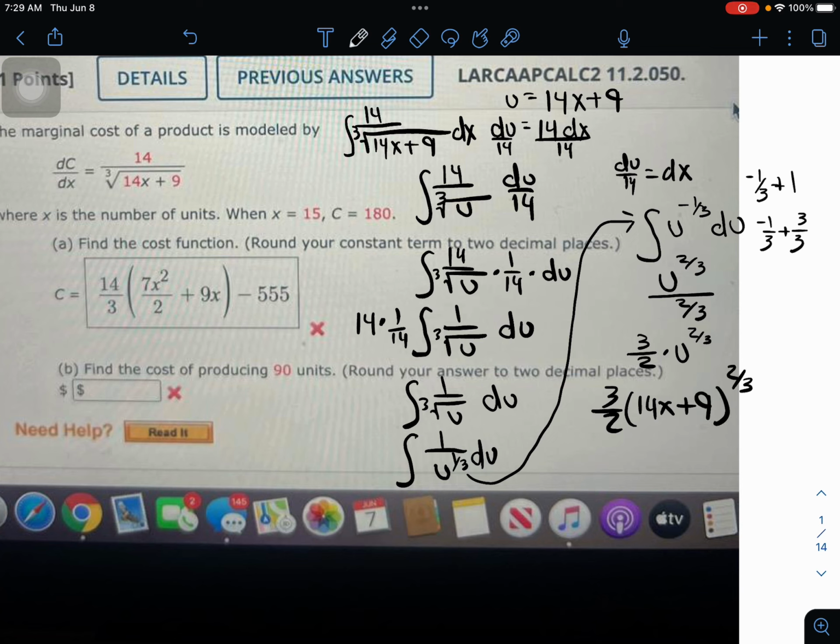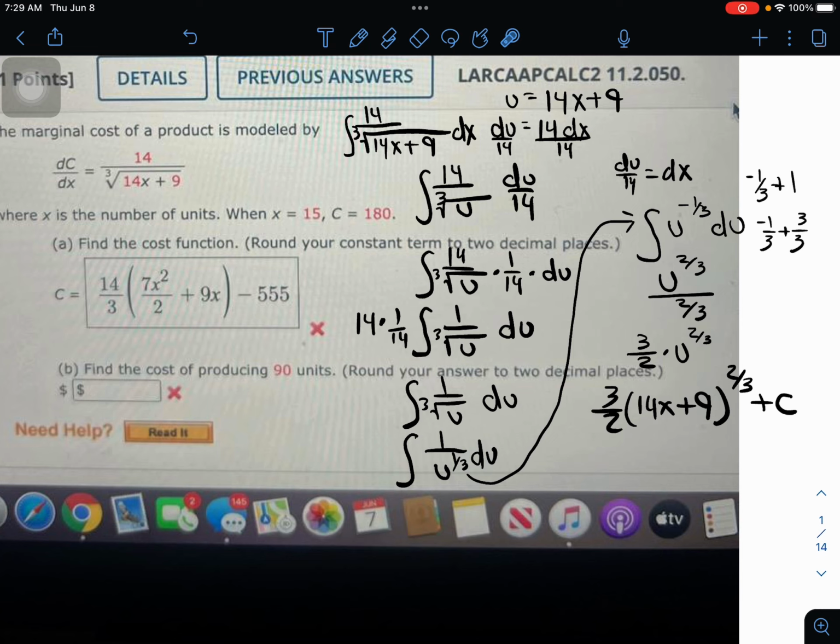And when you're doing integration, it's always going to be plus c at the end. I won't go into exactly why. I'm assuming in your previous lessons, the instructor has told you why there's a plus c. This is the indefinite integral, and the indefinite integral is always going to have a plus c.